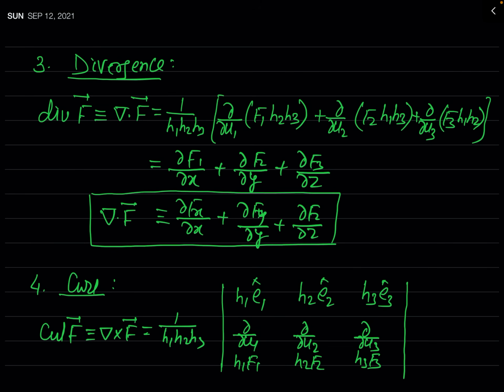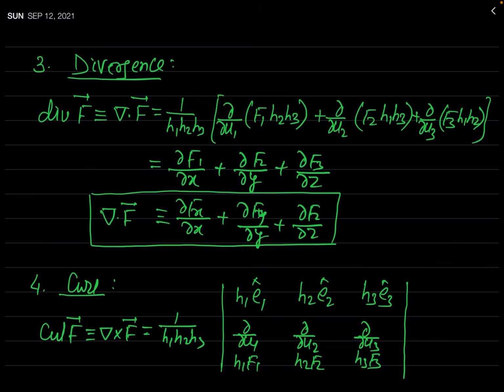If we apply this result to the Cartesian coordinate system, we will simply take h1, h2, h3 equal to 1. e1 hat, e2 hat, e3 hat will be replaced by i, j, k, and u1, u2, u3 will be replaced by x, y, z.